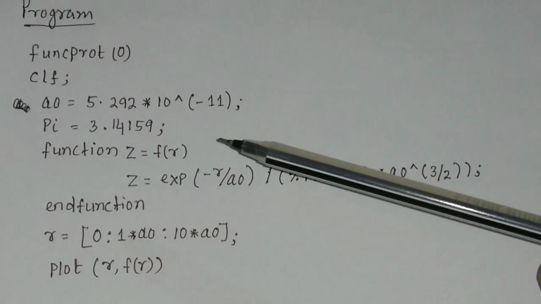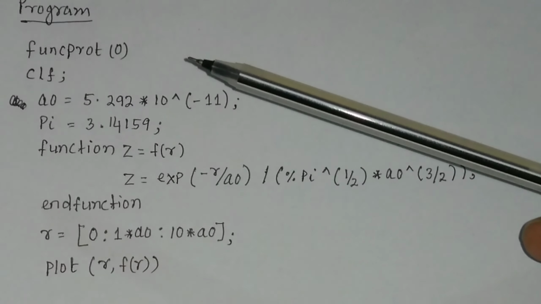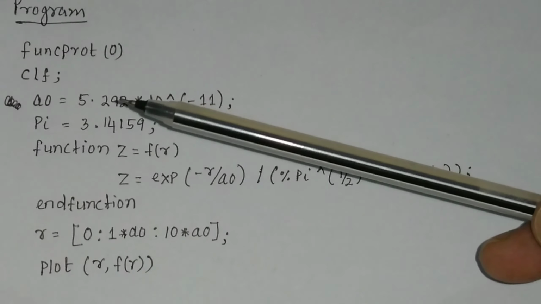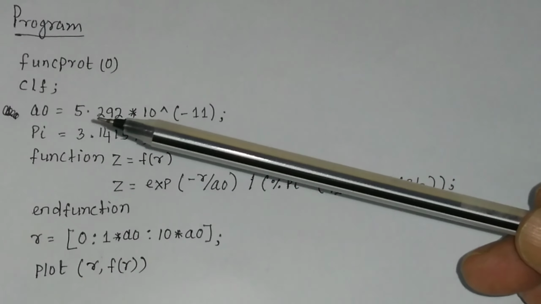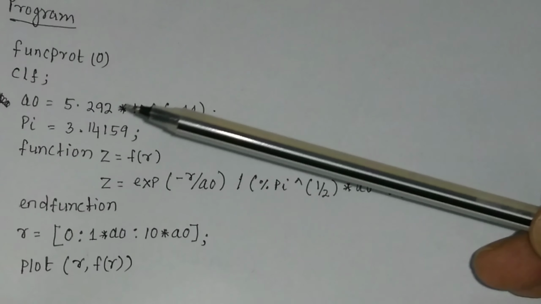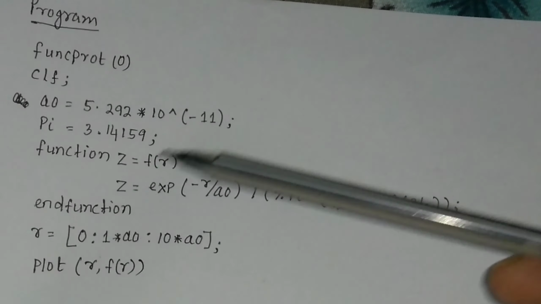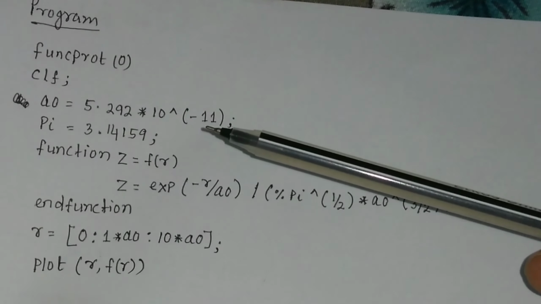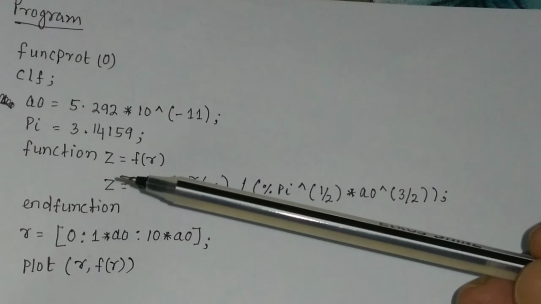Now you have to write this program in the Scilab notepad, and here you have to give the Bohr radius value a naught equal to 5.292 into 10 to the power minus 11, and you have to write the pi value.